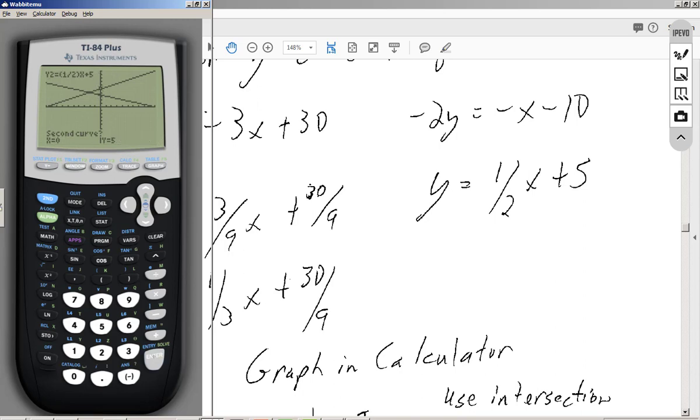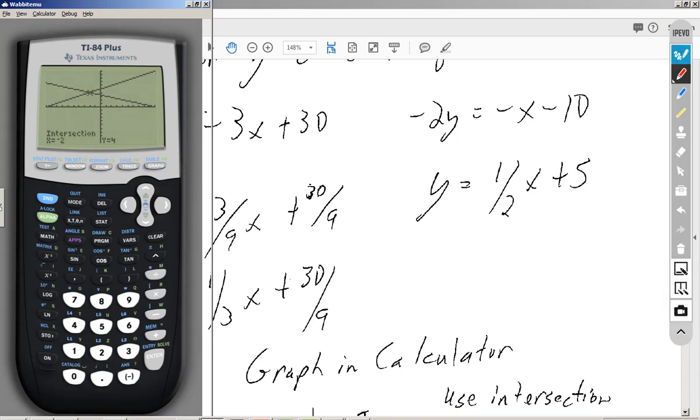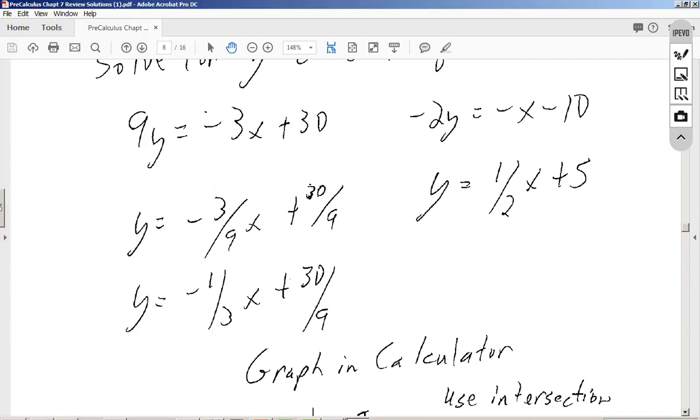The second curve, you hit enter, and then you hit enter again, and it finds that answer for you. Notice now it's exactly blinking on it. So that answer is negative 2 and 4. That would be your solution to that system.